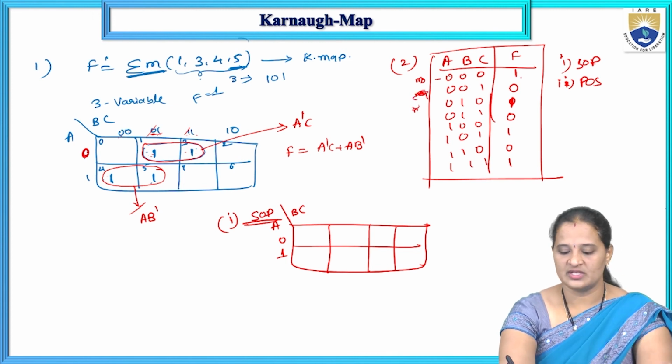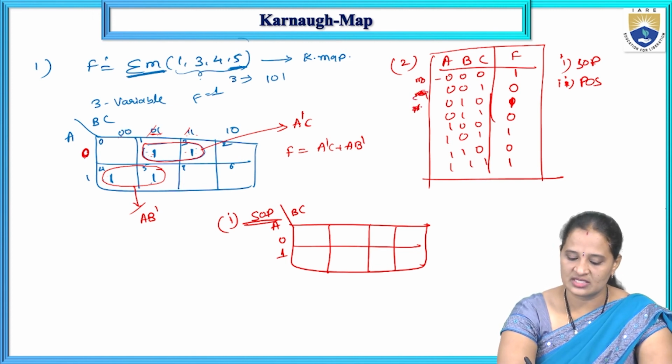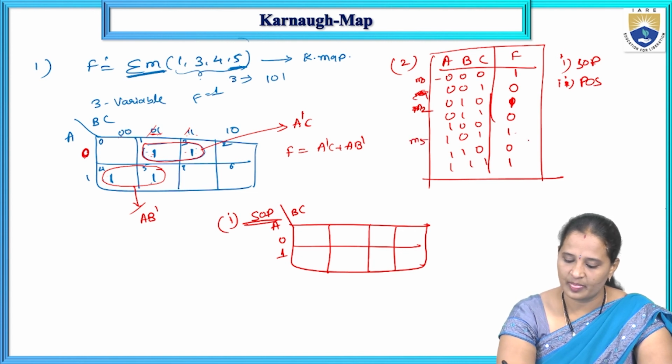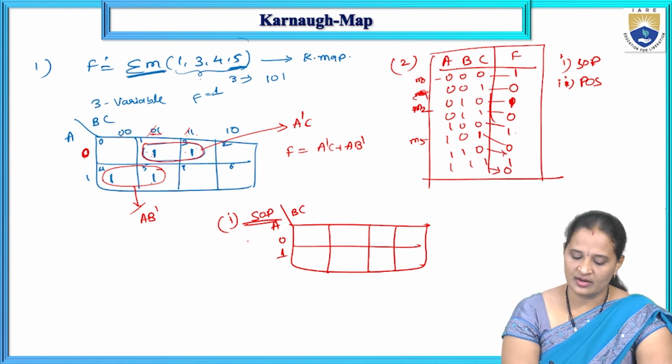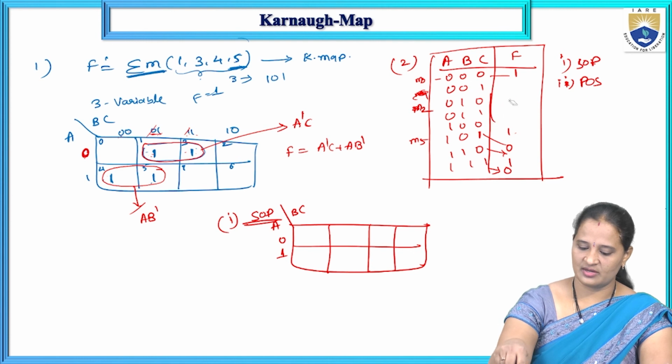So here this function is producing 1. This is M2 and this one is M5. Sorry, M4, M5, M6, M7. Right? So here, just a second, I'll write it again.